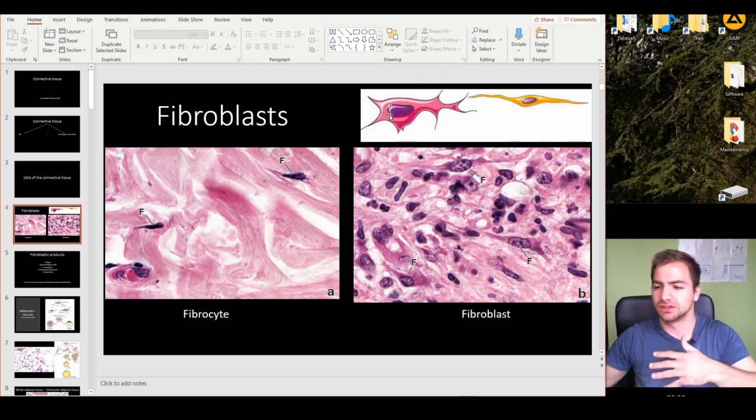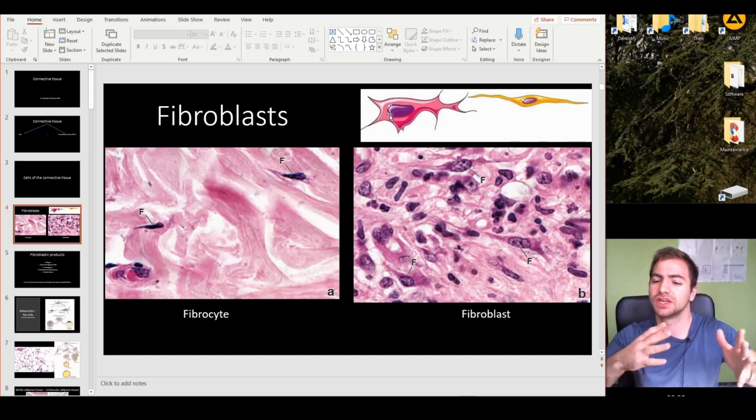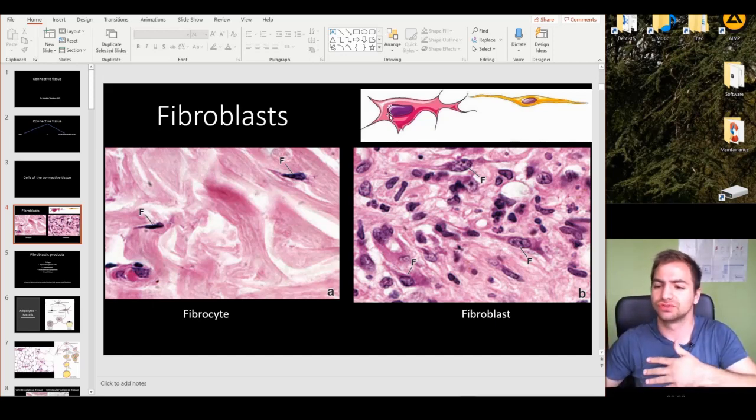When these cells tend to become quiescent or way less active than their progenitor cells, then they differentiate into fibrocytes, and they have a characteristic appearance of very thin cells with thin processes and a very shrunken nucleus. So for example, in this case, we're going to see clearly a fibrocyte as it is right here, and then a fibroblast, which is much more prominent and much easier to distinguish, and we can see the clear cytoplasmic processes along with the large nucleus.